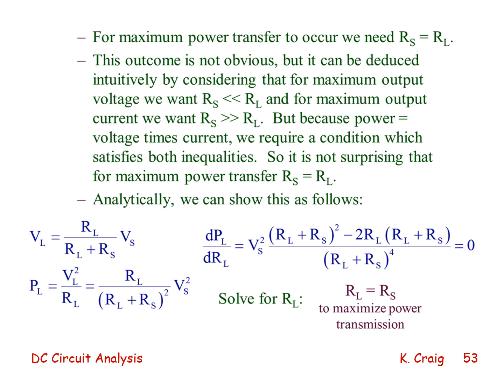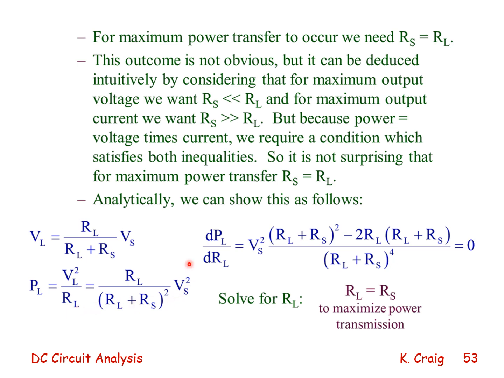Mathematically, we can derive this as follows. Using our voltage divider, we can see that the load voltage is equal to the load resistance divided by the sum of the load resistance and the source resistance times the voltage source. Power for the load is equal to the voltage across the load squared divided by the load resistance.